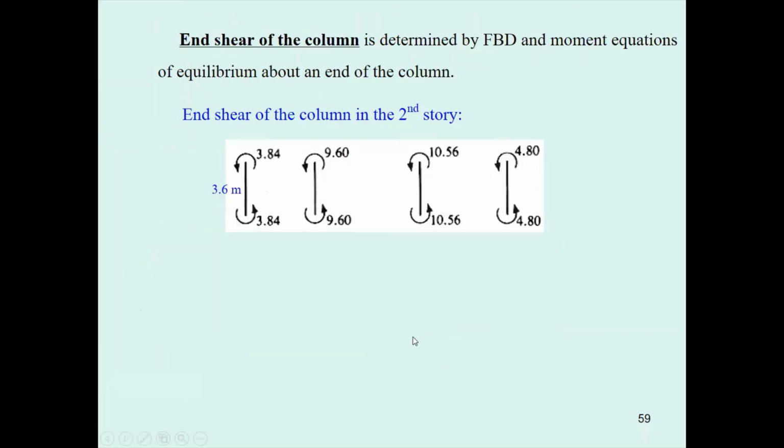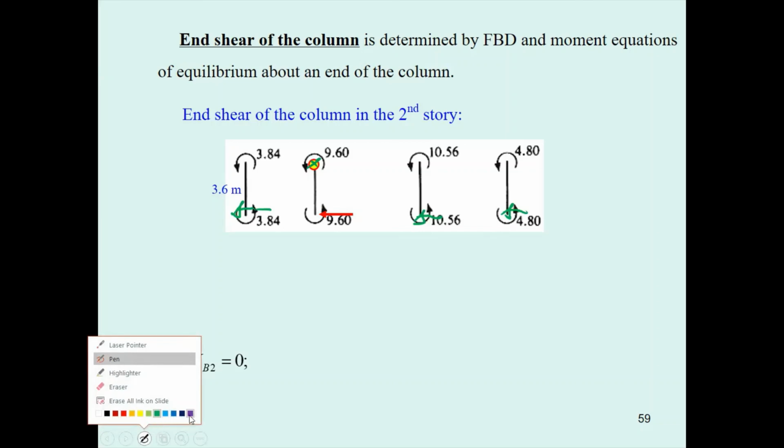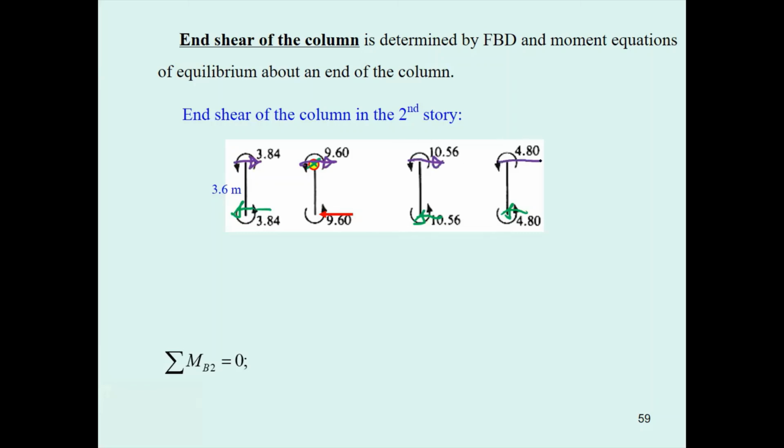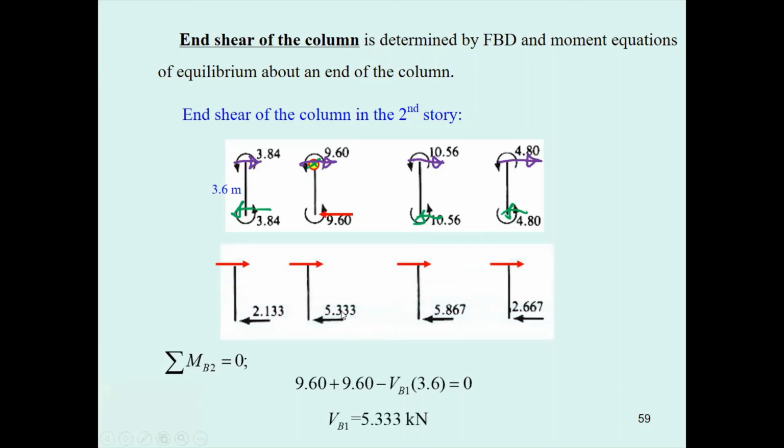Okay, and now we come to the second form, and we can determine the shear. You can determine the shear at the end. When you get this green shear, you will also get this purple shear. Just take the moment of one column and then you will get this end shear, and the top shear will be the same.